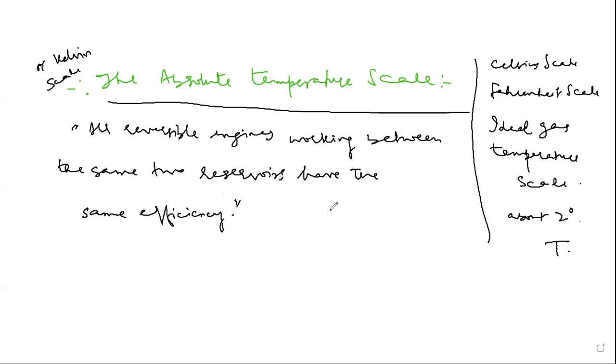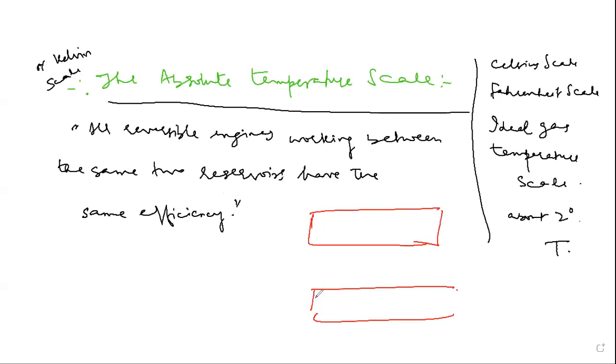That means if I have two reservoirs, this is my hot reservoir at temperature TH, and this is my cold reservoir at temperature Tc.